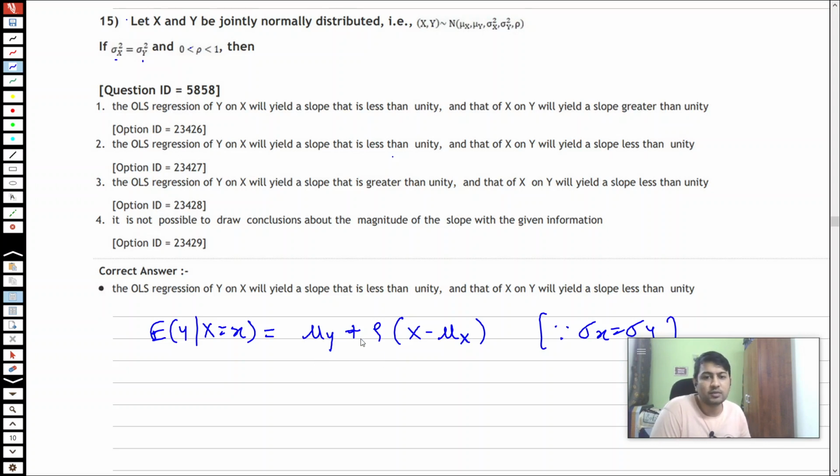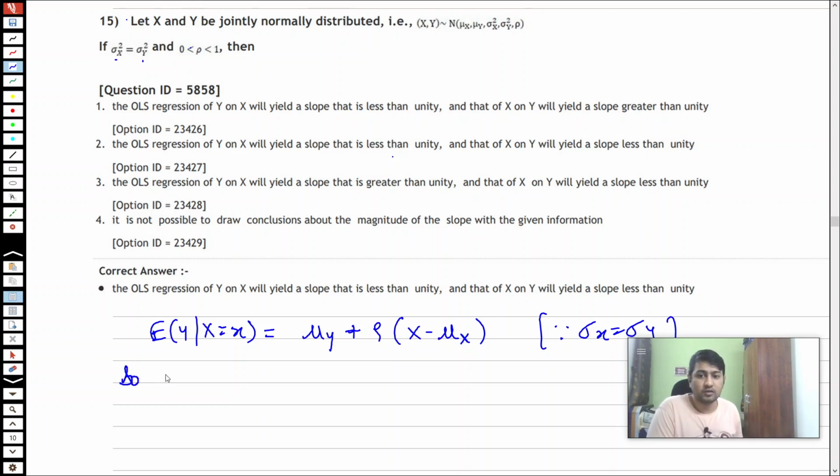The reason for this is very simple: if x is equal to its mean, then you would expect y to be equal to its mean. For every unit change in value of x away from its mean, you would expect that y would go rho units away from its mean.